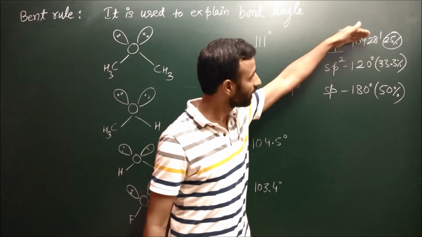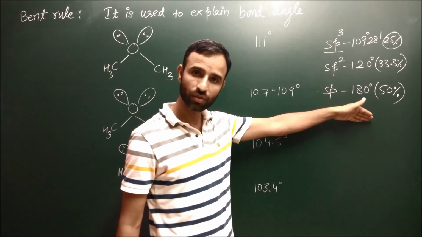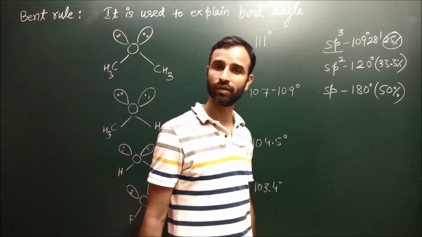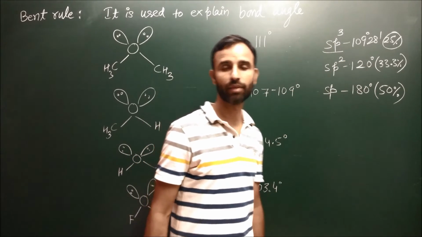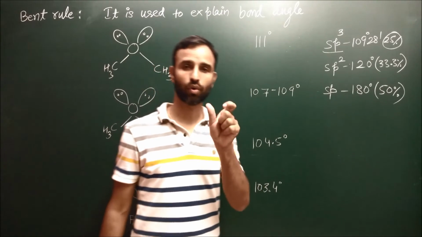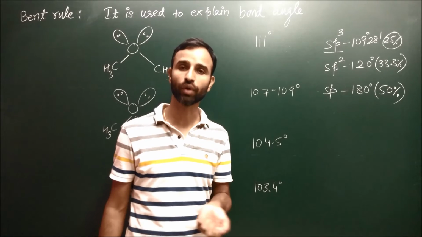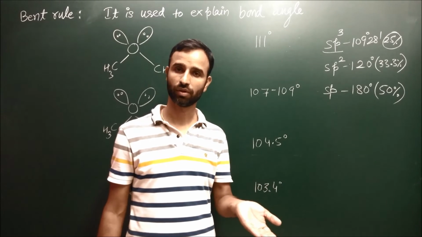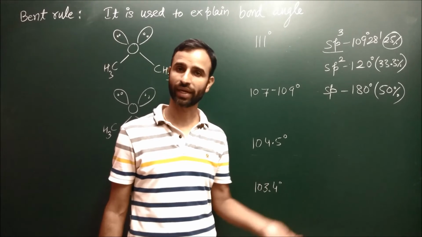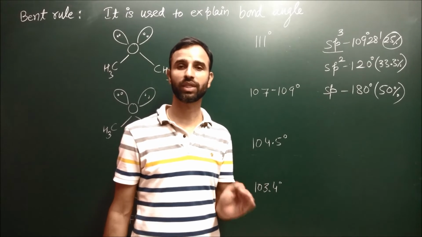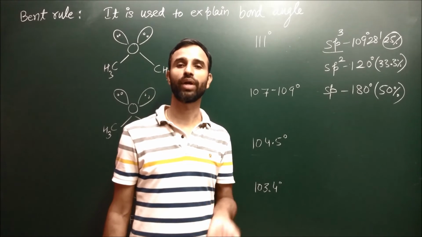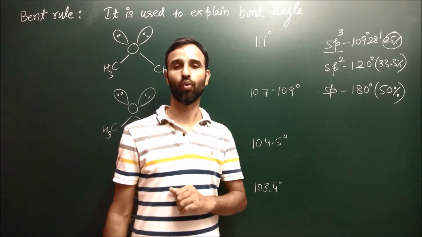So as the percentage of S character increases, the bond angle increases. That means if in bonding orbitals the percentage of S character is more, the bond angle is on the higher side, and if the percentage of S character is less, then the bond angle is low.